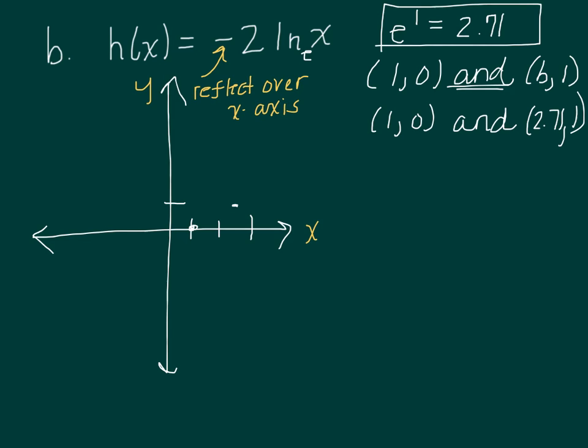And then we have an A value, so all your A values, this is a vertical stretch. And if you notice, we have no K, and we don't have an H, so our asymptote is X equals 0.